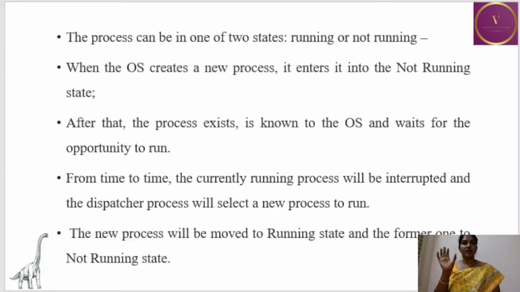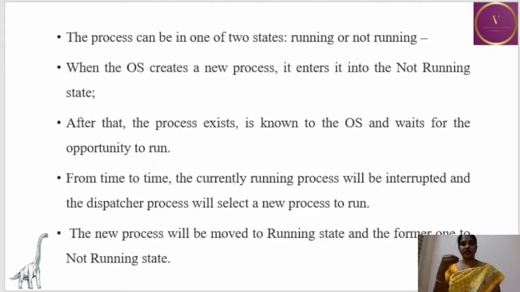First it will be not running, and after that the process is known to the OS and waits for the opportunity to run. So according to this two-state process model, when the process is created, it is in the not running state, and when it is known by the operating system, it waits for an opportunity.